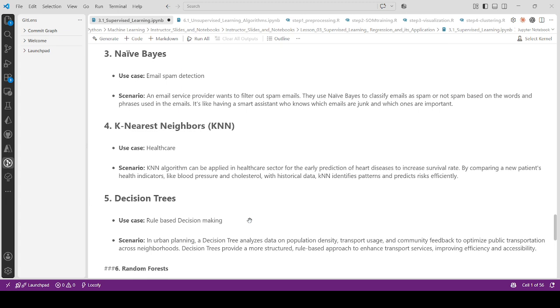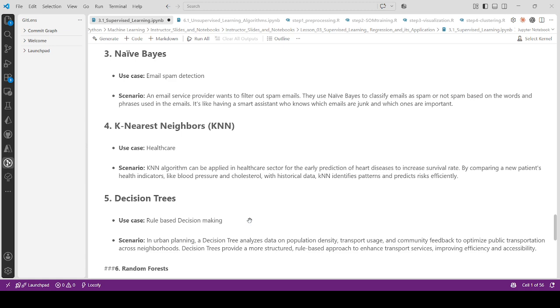Then Naïve Bayes. The use case here is email spam detection. Email service providers want to filter out spam emails. They use Naïve Bayes to classify emails as spam or not spam based on the words and phrases used in the emails. It's like having a smart assistant who knows which emails are junk and which ones are important. This algorithm is based on a very famous statistical theorem, the Bayes theorem.